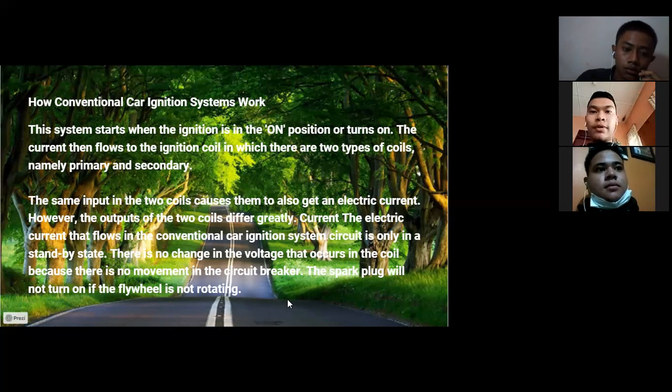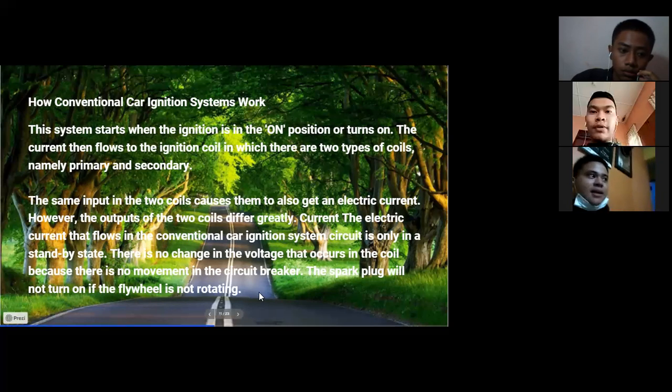However, the outputs of the two coils differ greatly. The electric current that flows in the conventional car ignition system circuit is only in a standby state. There is no change in the voltage in the coil because there is no movement in the circuit breaker. The spark plug will not turn on if the flywheel is not rotating.